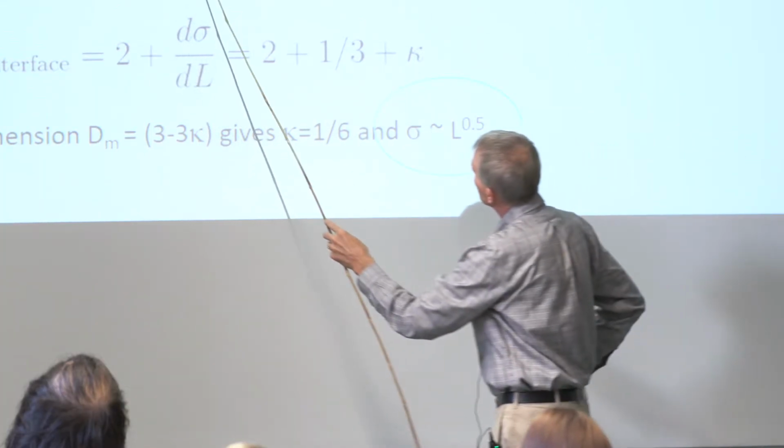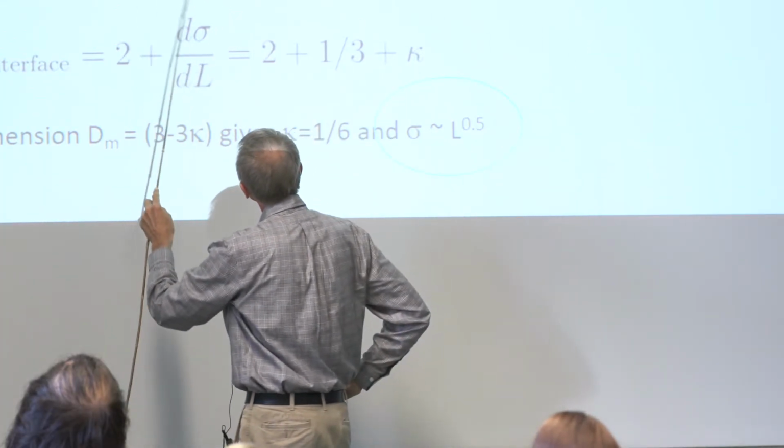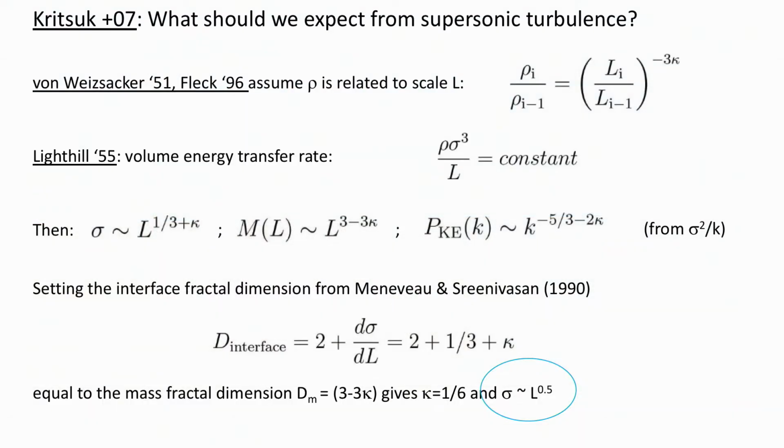And if we say that the fractal dimension from the structure in the mass-size relation is the same as what you get from the stirring, we can solve for kappa, and that gives kappa of about 1/6, and therefore the velocity dispersion going as the square root of size. So that's very fundamental. It's different than the Kolmogorov, which would be 1/3 size, primarily because there's a density here. The density is connected to size also, and we have two relations that connect those.